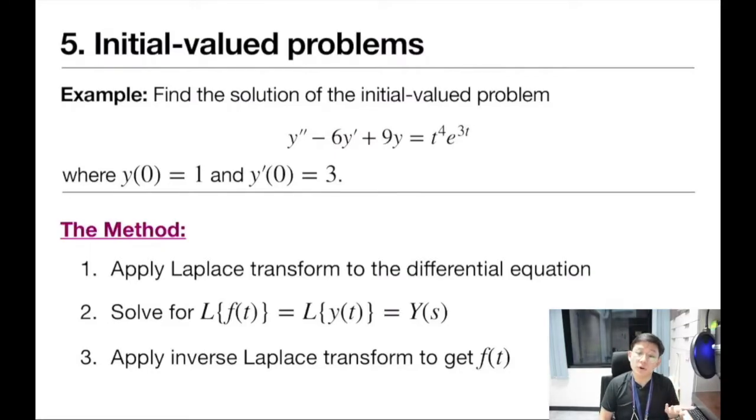We solved it by using different techniques. This is a higher-order differential equation, so we need to form the characteristic equation, m squared minus 6m plus 9, and then solve it.